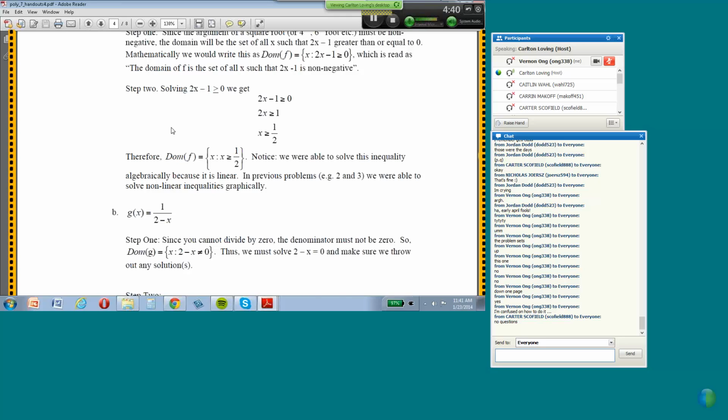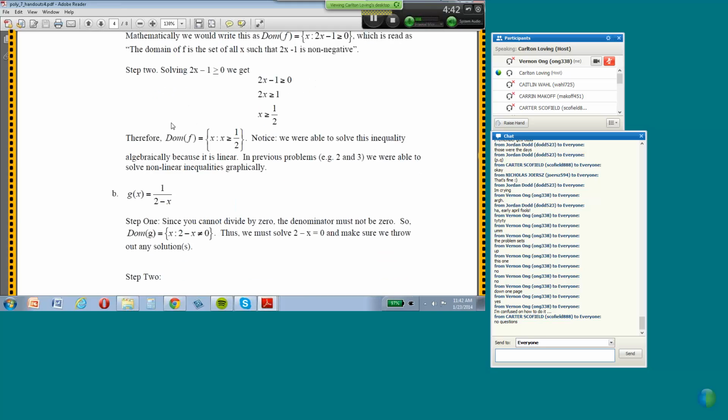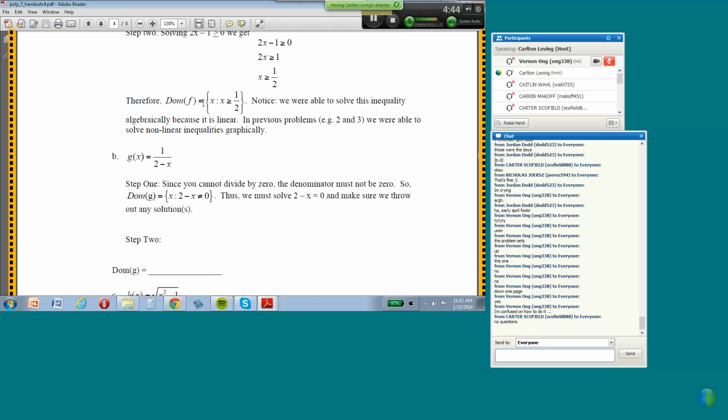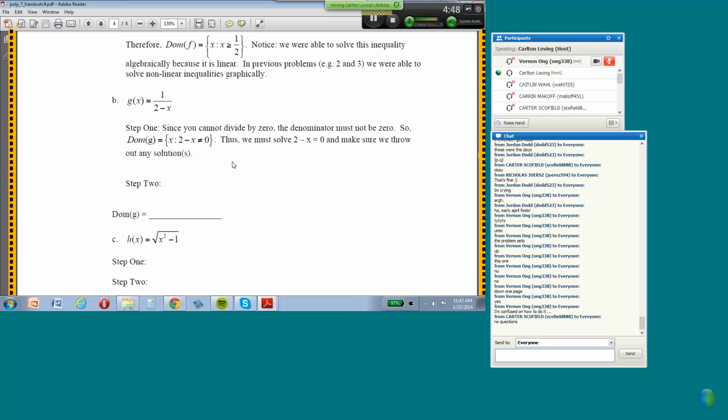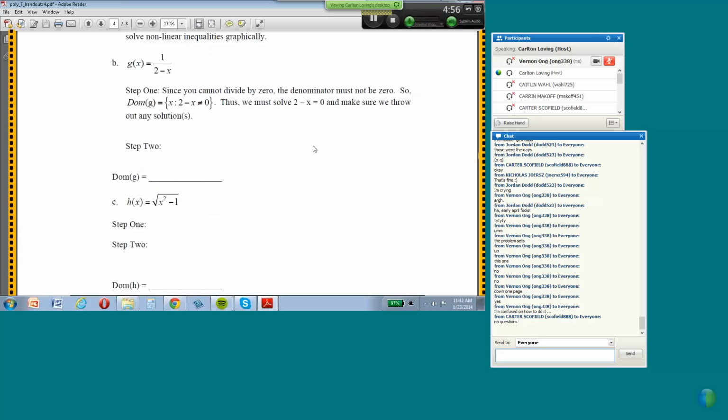So in A they take you all the way through to the solution, and in B they start you out by reminding you that we've got to make sure that 2 minus x is not equal to 0.